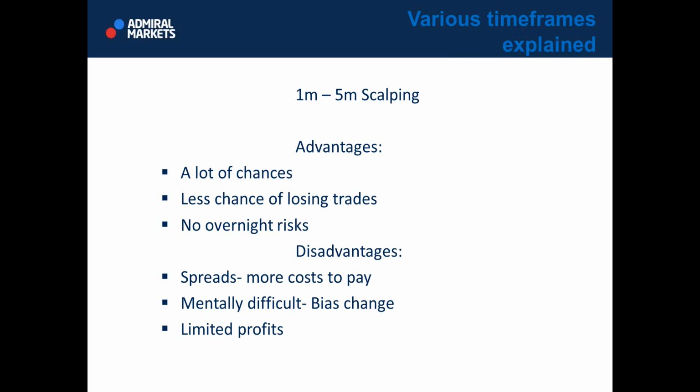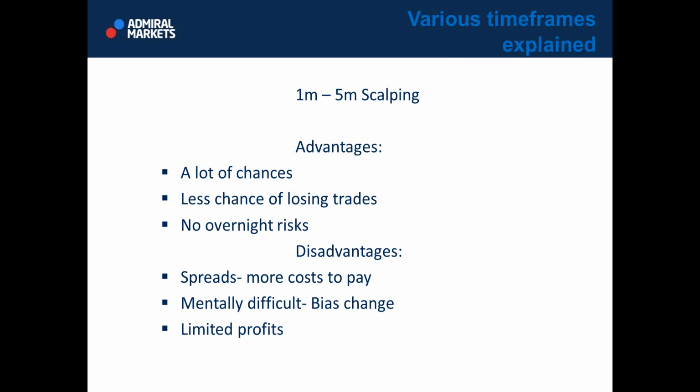15-minute scalp swings, advantages: there will be a lot of trade opportunities. Again, less chance of losing trades, because you get in quickly and get out quickly. No overnight risk, and slightly better targets than scalping. You won't take 5-10 pips on 15 minutes; you will usually aim for 15-20 pips, but it's effectively a scalp swing.